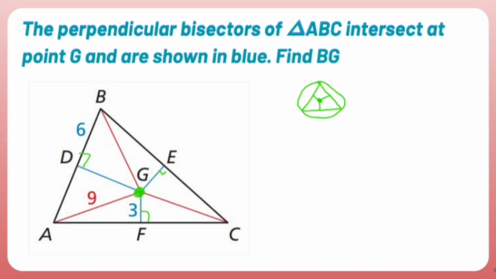Now, why is this important? Well, if my circle is going to hit all 3 vertices, then the distance from that vertex to the circumcenter is the radius, which means all 3 of these red lines here are the same, which means if AG is 9, BG is 9.